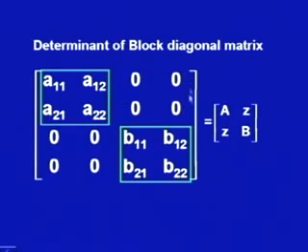So, these null matrices may be rectangular, but these matrices have to be square matrices. Like we will have a 5 by 5 matrix, so we may have a 3 by 3 matrix here and a 2 by 2 matrix here. So, this will be a rectangular matrix and this will be a rectangular matrix. So, we will have a block diagonal matrix A, B, Z, Z. How can the determinant of this be calculated?